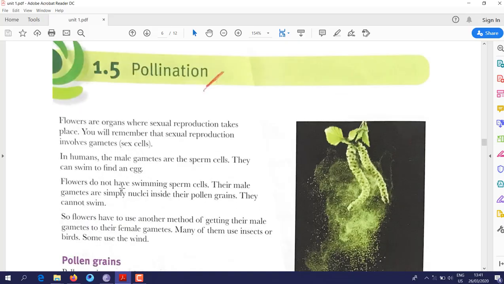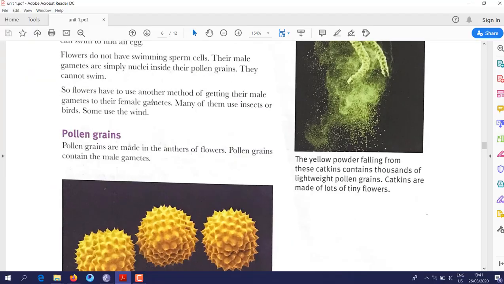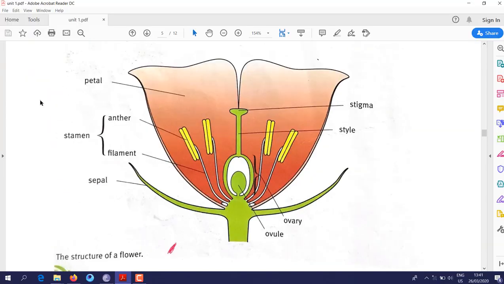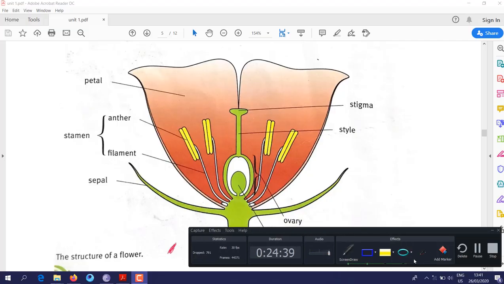Then 1.5, it's about pollination. Pollination is a process for reproduction. If you want to give a definition for pollination, we will say it's the transfer of pollen from the anther to the stigma.